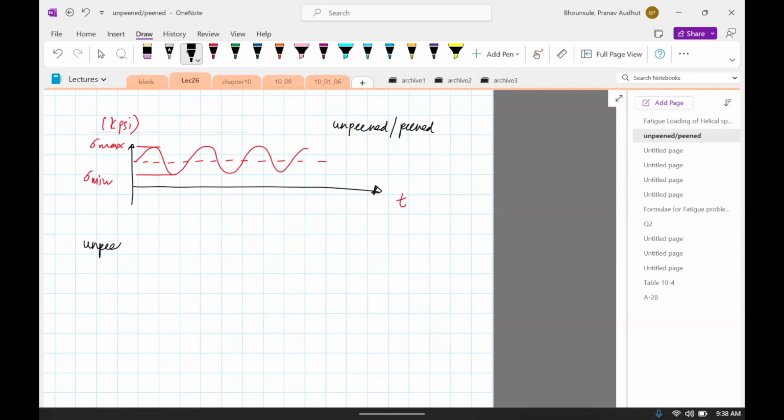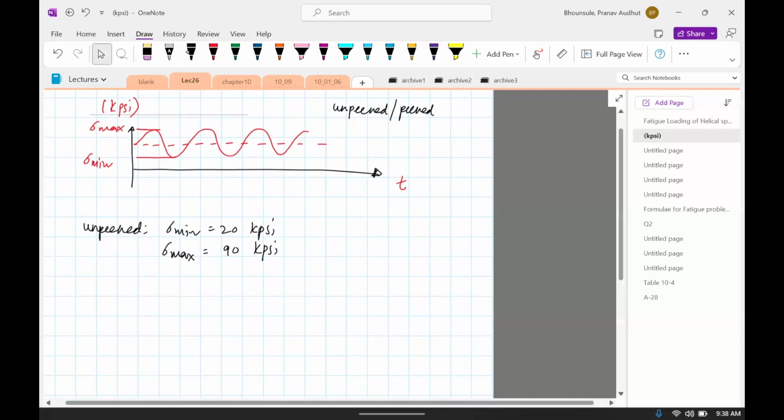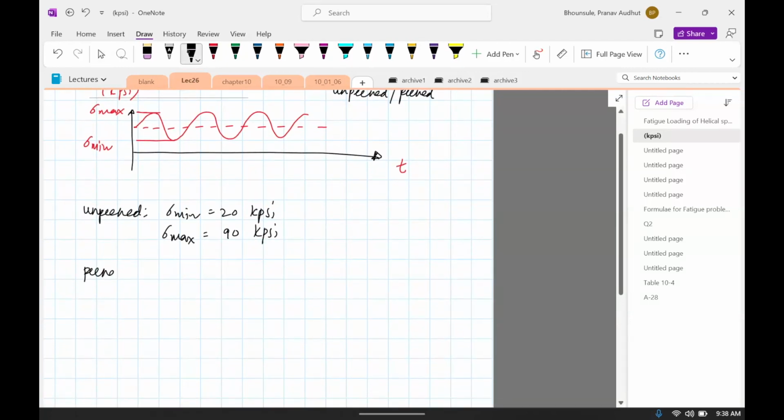For unpeened, he used sigma min equals 20 kpsi and sigma max of 90 kpsi. For peened, he used sigma min of 20 kpsi and sigma max of 135 kpsi.